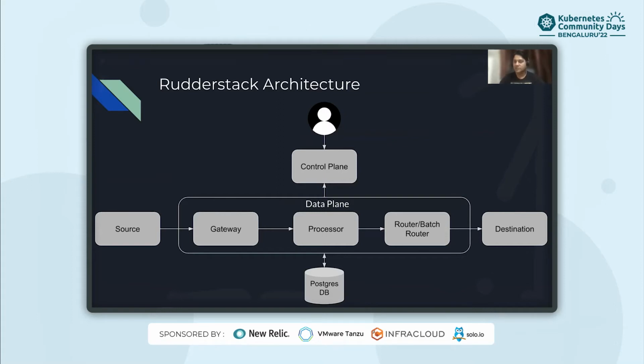We are using Postgres as our storage, optimized for our specific use case. Whenever an event comes from a source, we store it in the Postgres database and do a lot of processing. Once all the processing is done, we send it to the desired destination. In our case, a destination can be any SaaS service or any given warehouse.